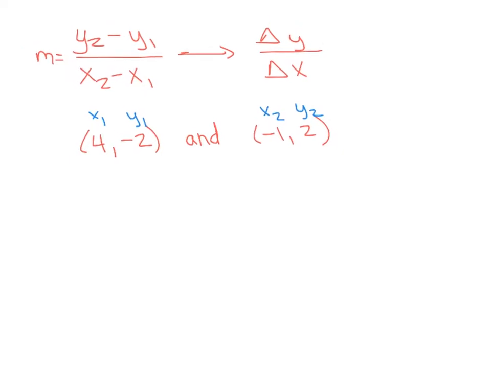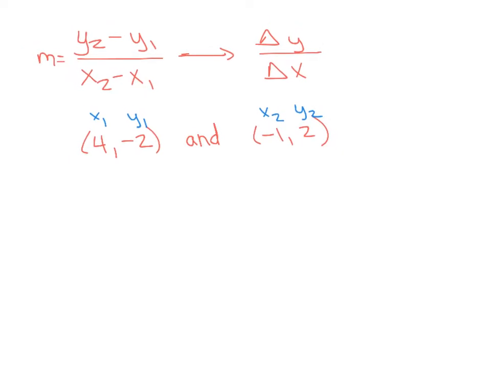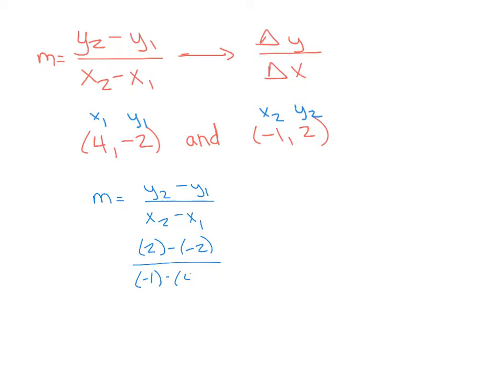Okay? So, we have m equals y2 minus y1 over x2 minus x1. For y2, we're going to put 2 minus -2 over x2, which is -1, minus 4.